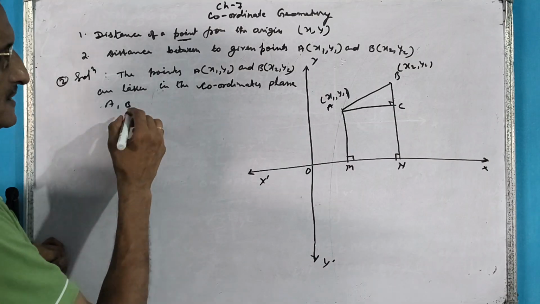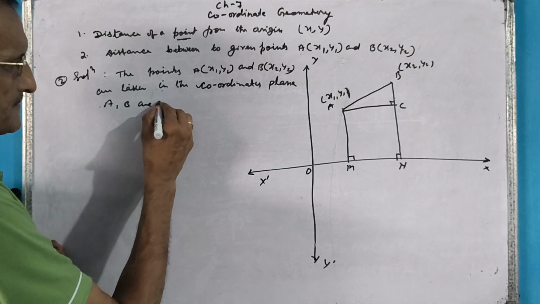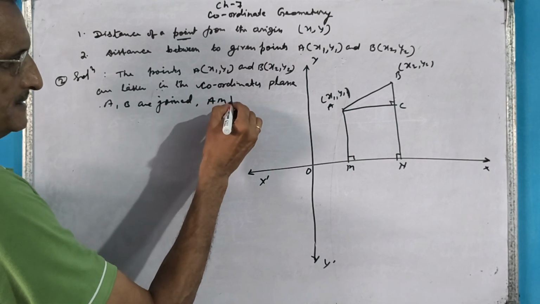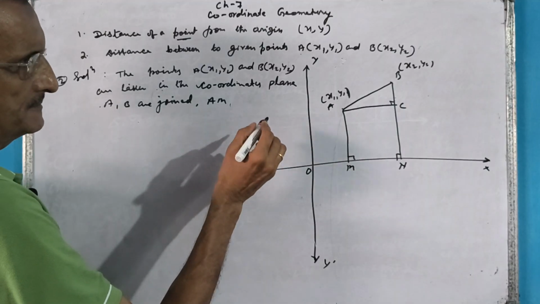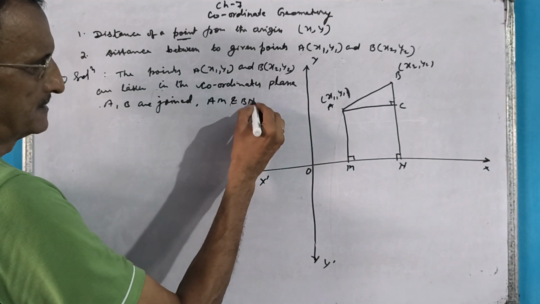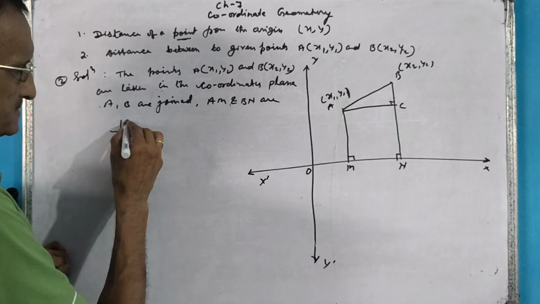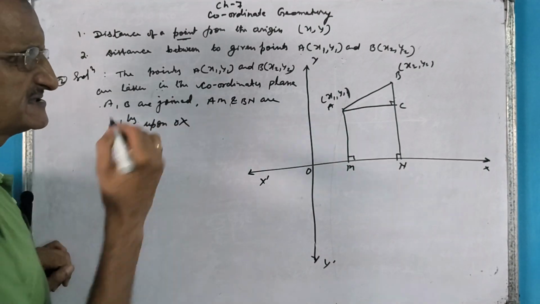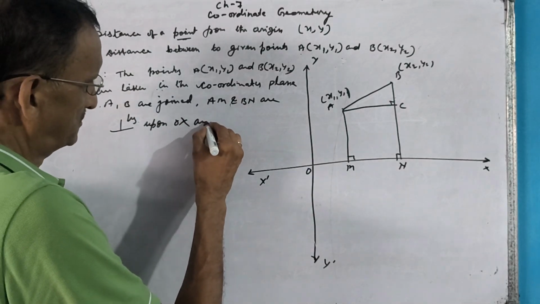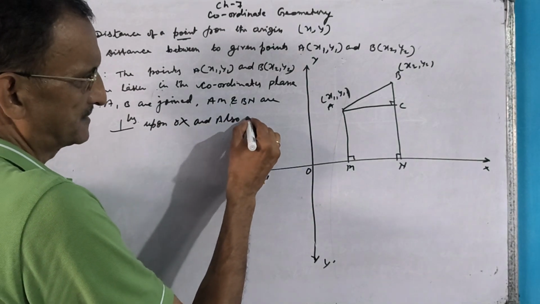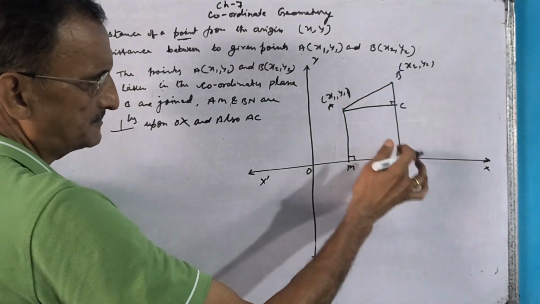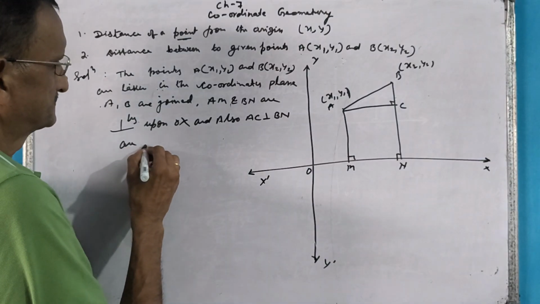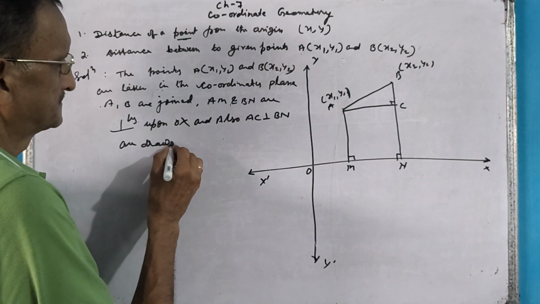Briefly we will write, not very lengthy. AM and BN are perpendiculars upon OX or the x-axis, anything, and also AC perpendicular to BN are drawn. Okay.